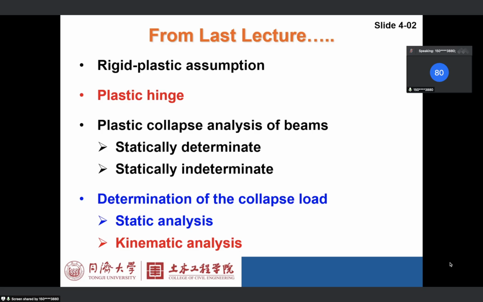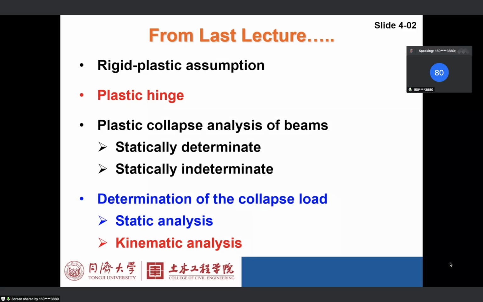Because this is the condition that you are going to face when you design a beam. This is a very typical condition where you are not able to quickly locate the exact location of the plastic hinges. So in this case, what will you do? This is the first question that we will answer in today's lecture.